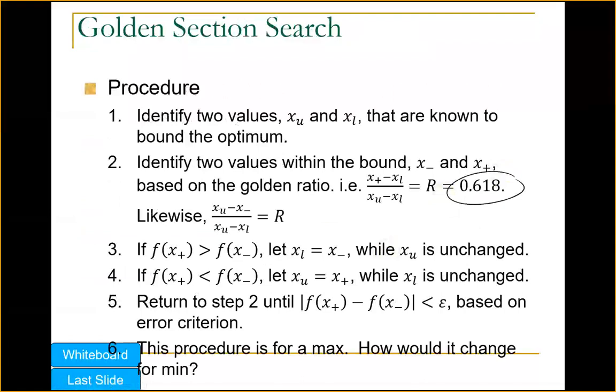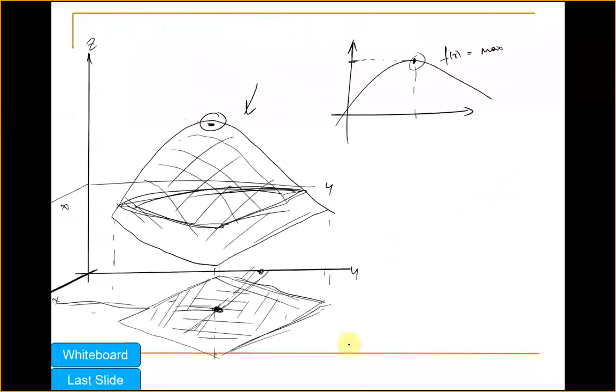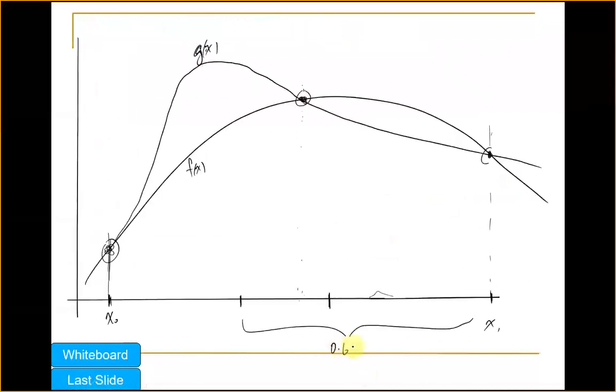Let's go back to where we were. So 0.618 right here. And from here to here is also 0.618 of the full range of x1 minus x2. Okay?